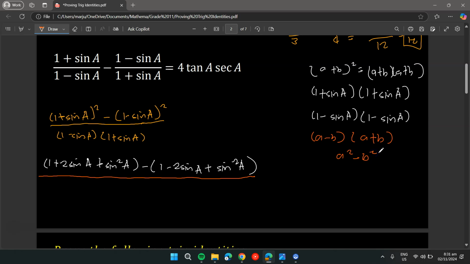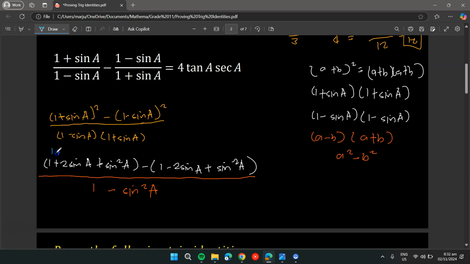That would be my answer. So let's try. This is 1 times 1, that's 1 minus sine squared of a. Alright, that will be our denominator. Now look at our numerator.